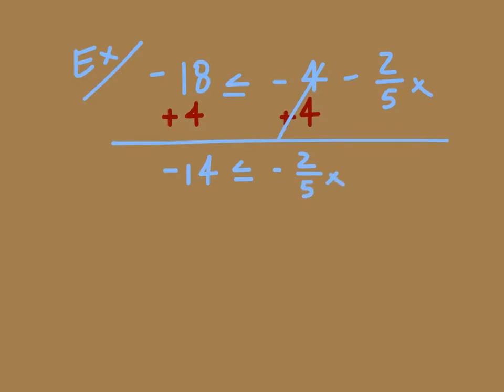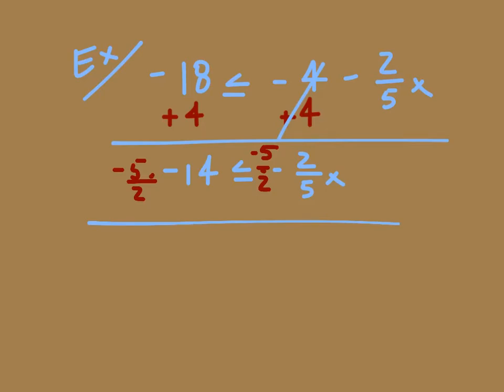Now, because I've got this fraction here, what I can do is multiply both sides by the reciprocal. So I could multiply by negative 5 halves. Multiply this side by negative 5 halves. And so from there, let's do the math for each of these steps.